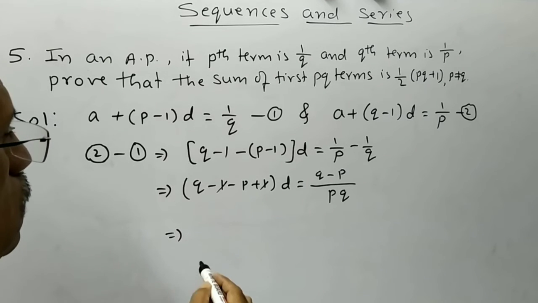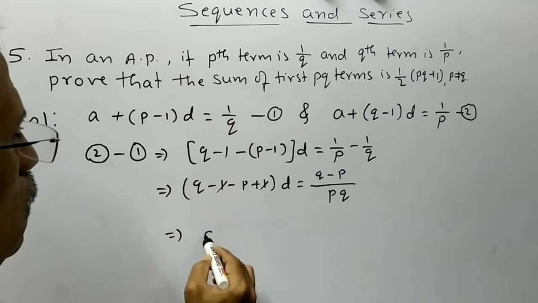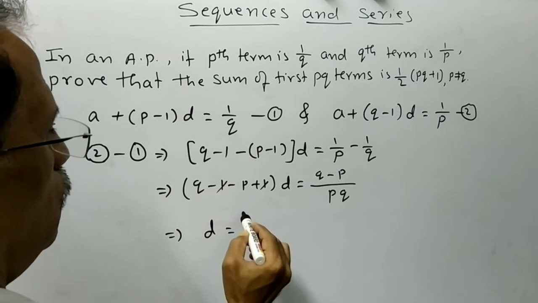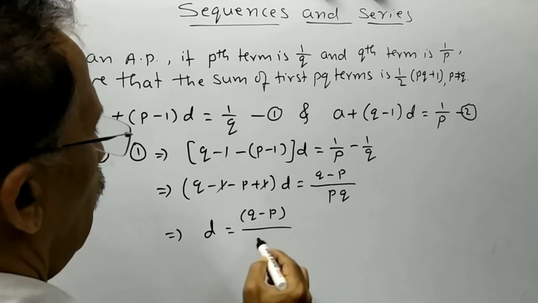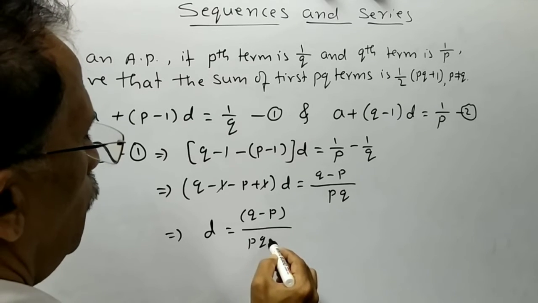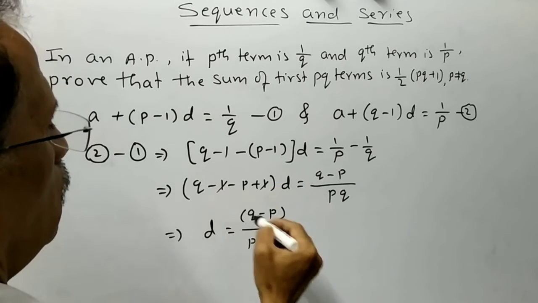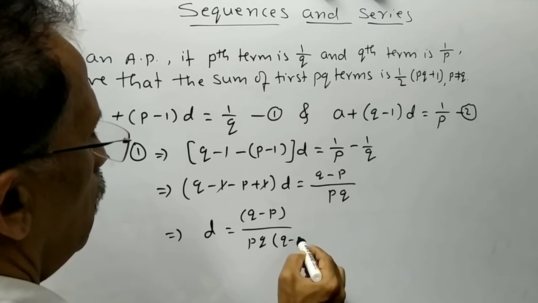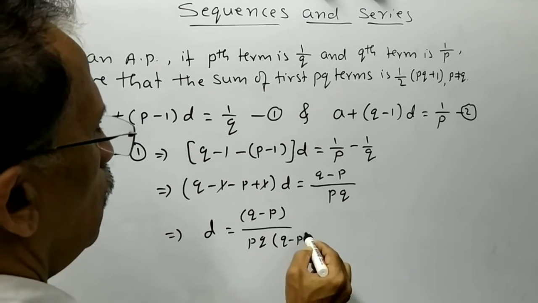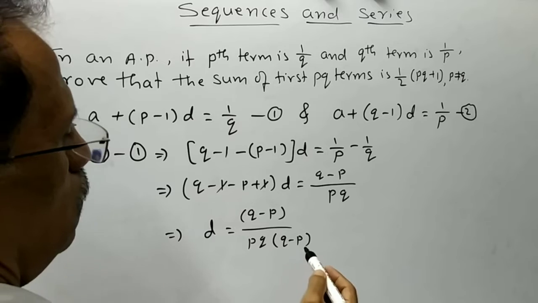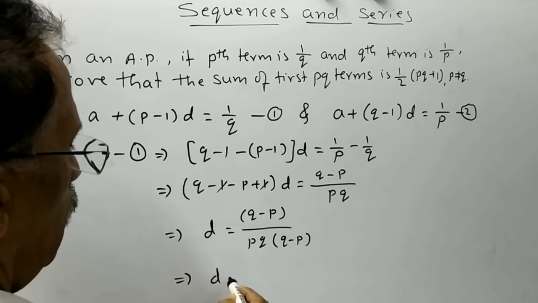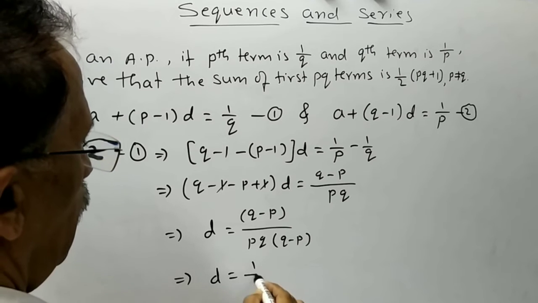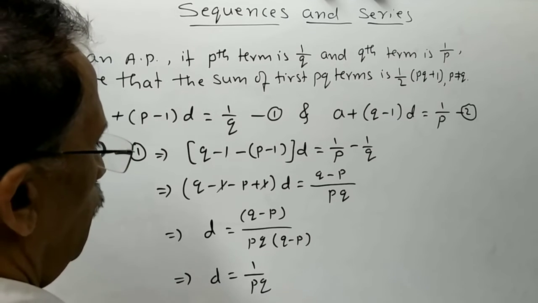Implies d is equal to q minus p divided by pq into, this q minus p we can bring to the denominator, implies D is equal to 1 by PQ.